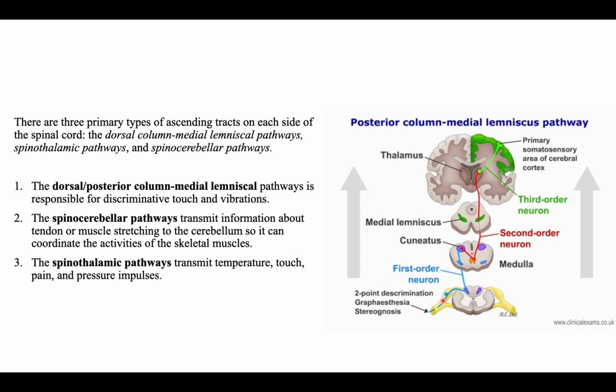Remember, its cell body is in the dorsal root ganglion, so you are not going to have a gray matter there. It's now axons that are ascending, so it is within that region where you find the fasciculus gracilis and fasciculus cuneatus, depending on the level of spinal cord that this fiber is arising.